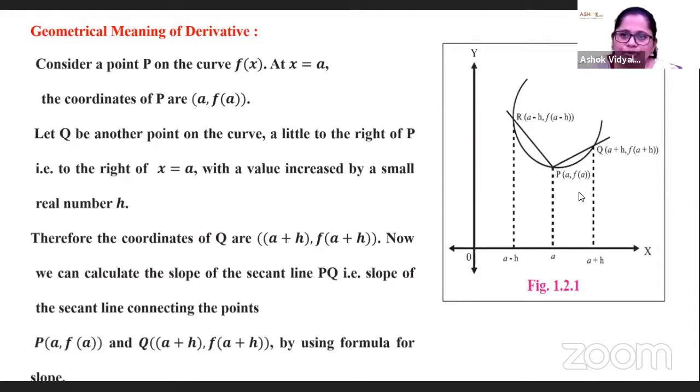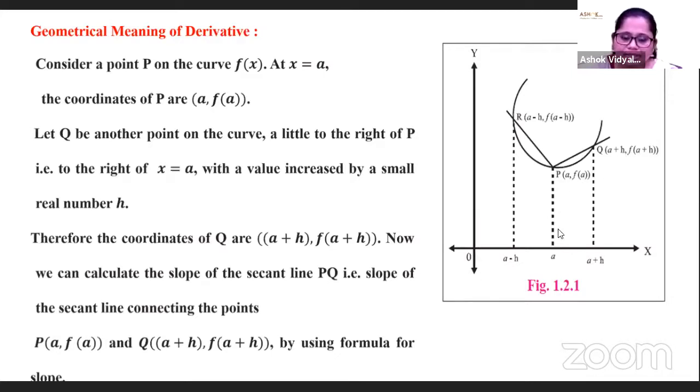This point Q is a little bit to the right of point P, meaning there is some small distance between point P and point Q on the right side of point P. That means to the right of x equals a, with a value increased by a small real number h.